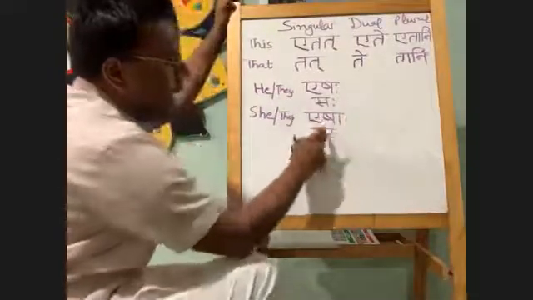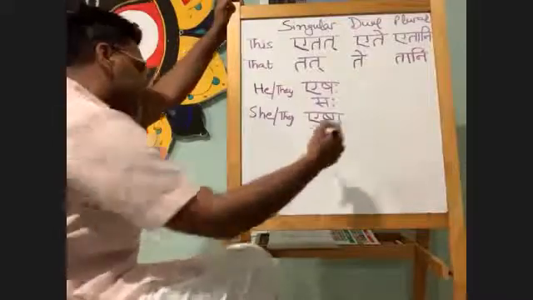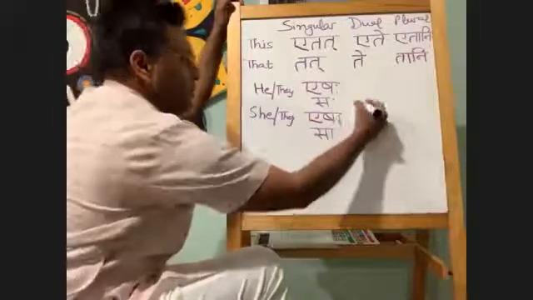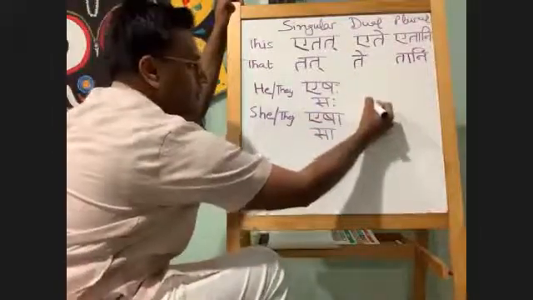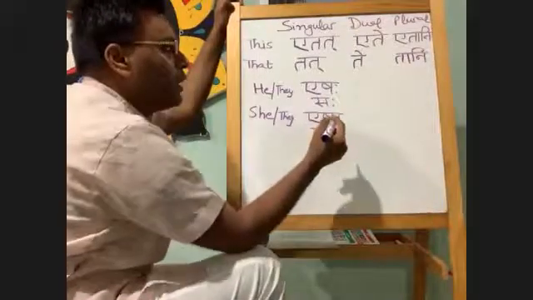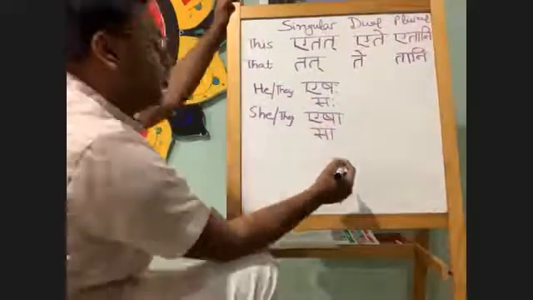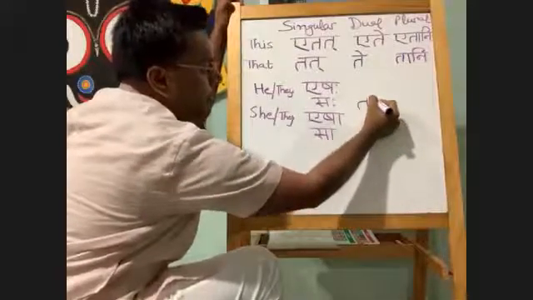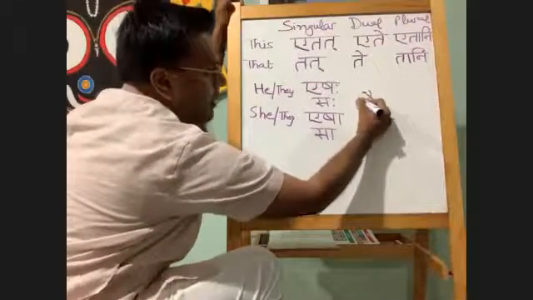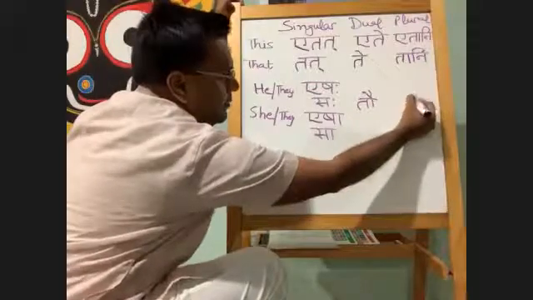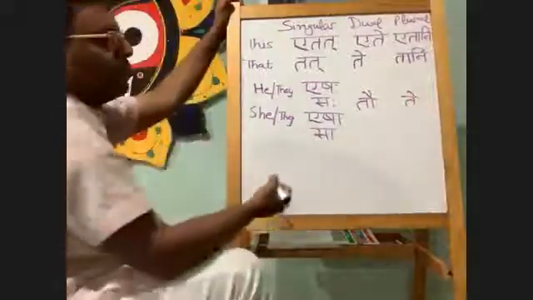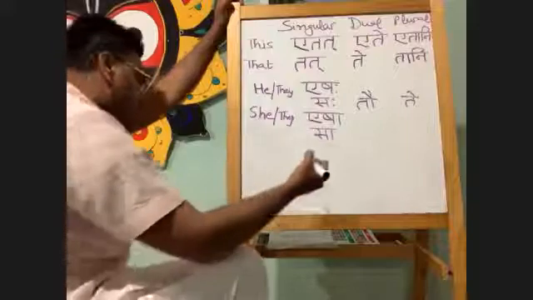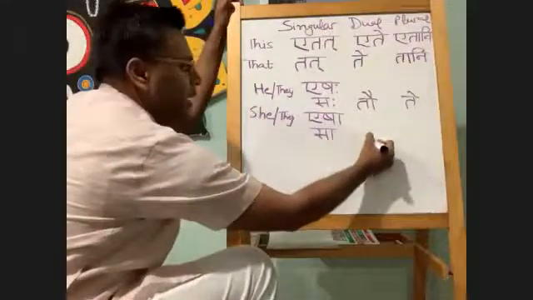So esha, saha. And esha, sa. And same way for the plural form, dual or plural. So saha becomes to and te for plural. And sa becomes te and taha.